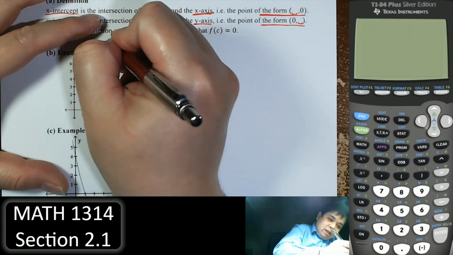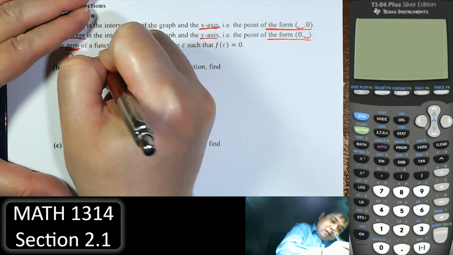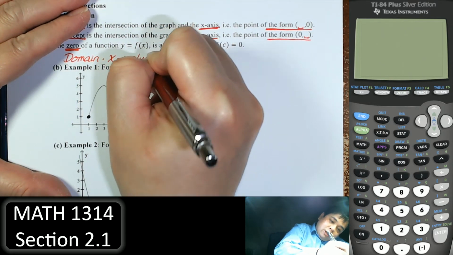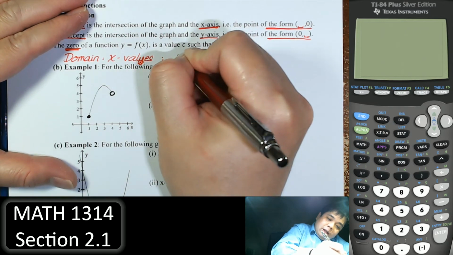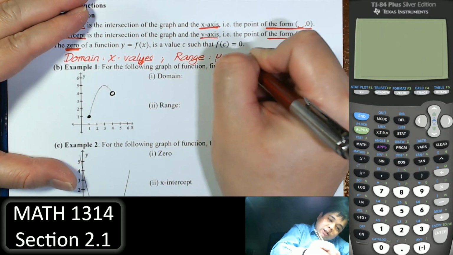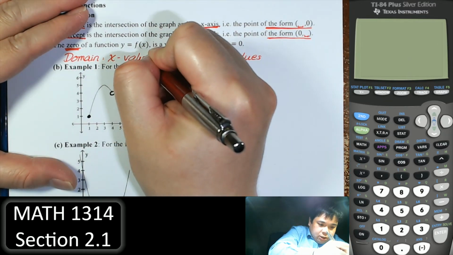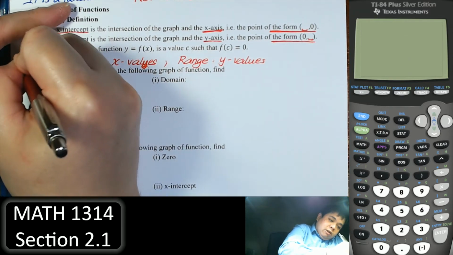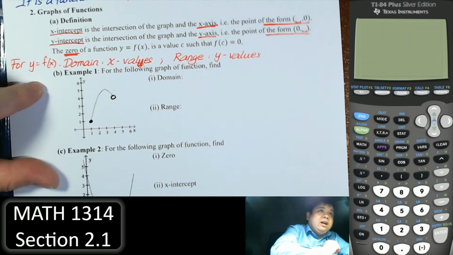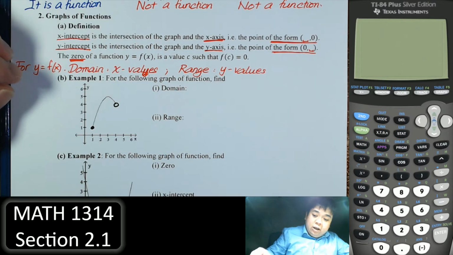So I will say it here: domain is the x values, and the range is the y values. And this is by default, where we have y equal to f of x. Y is a function of x, then this is the case. Right, the domain, the x values.